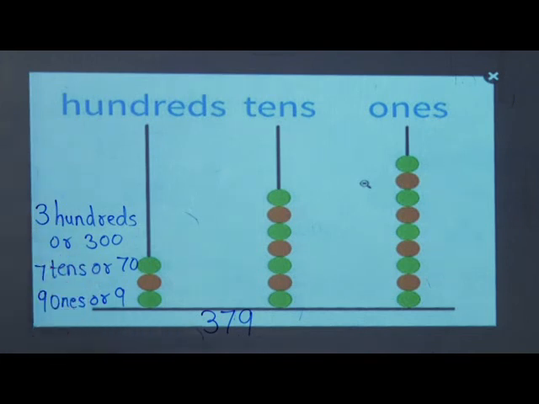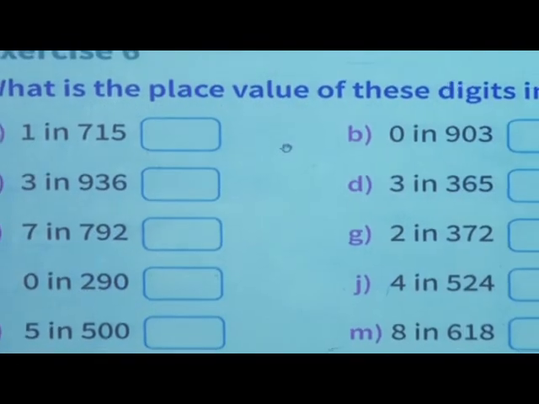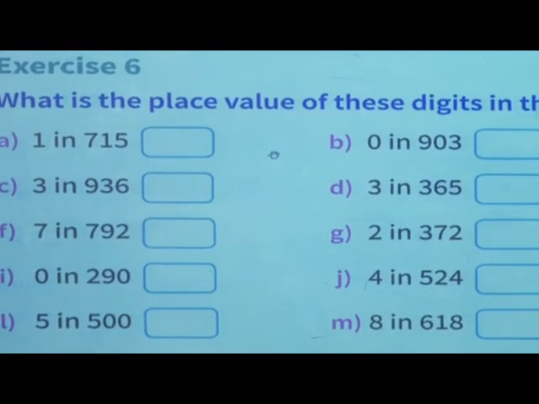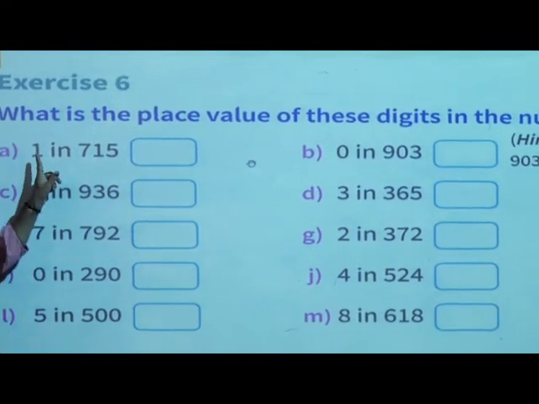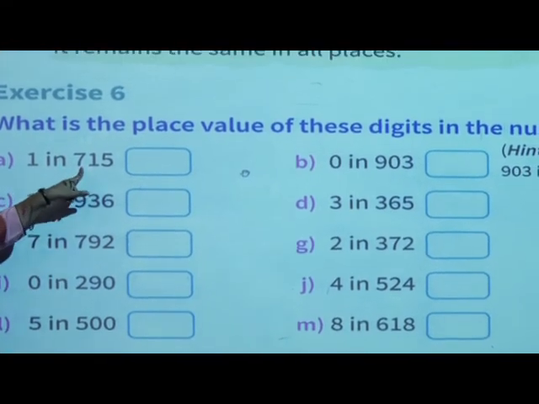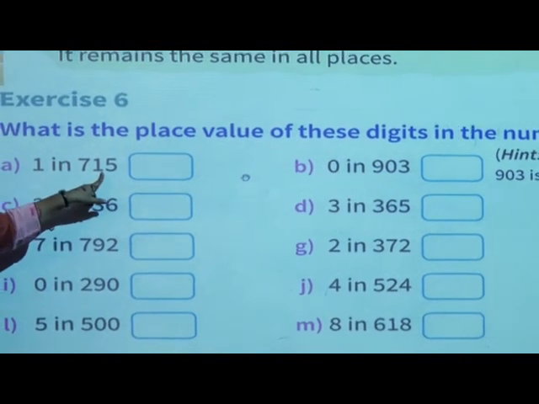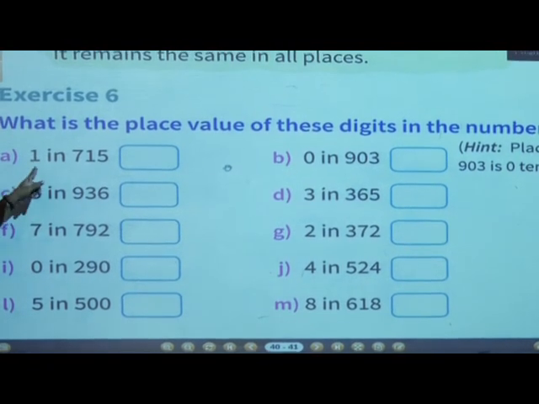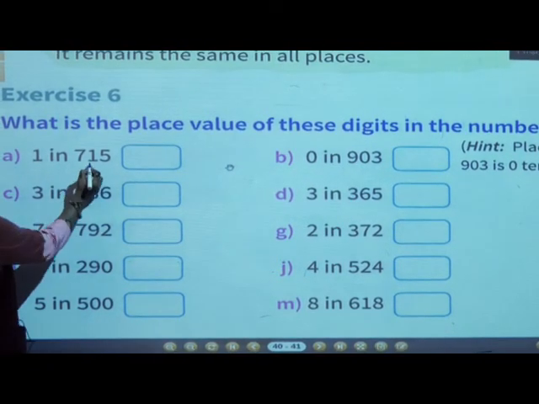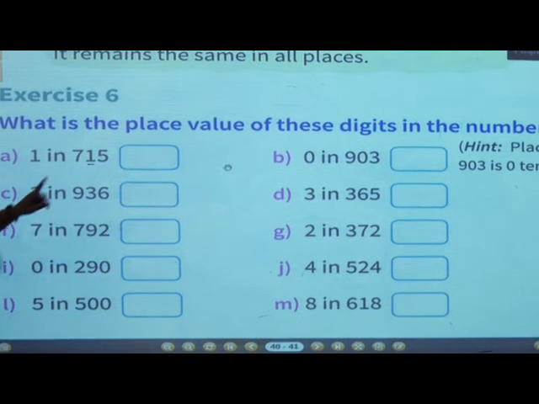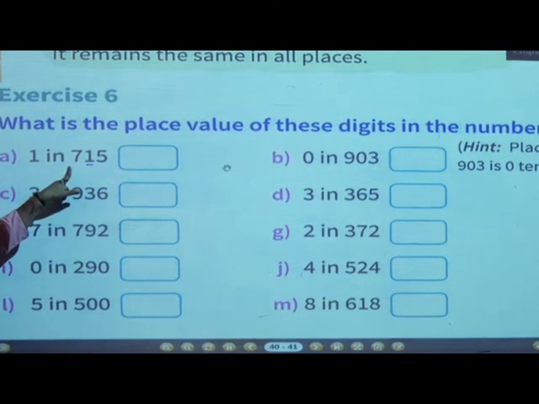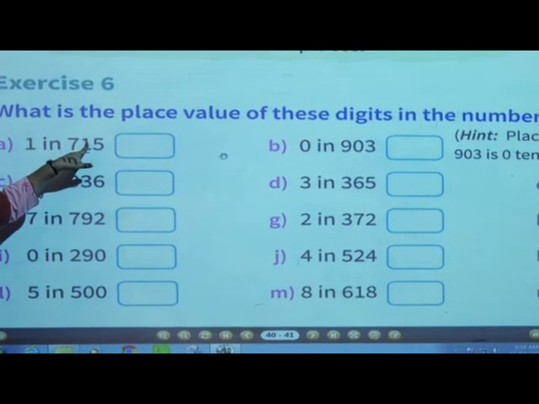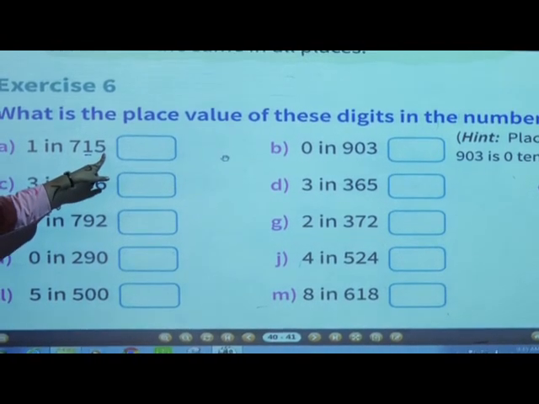Okay, now we shall solve the exercise. Exercise 6. See here, children, the place value of these digits in the number. A1: 1 in 715. We want to write the place value of 1. Now 7 is in the hundreds place, 1 is in the tens place and 5 is in the ones place.